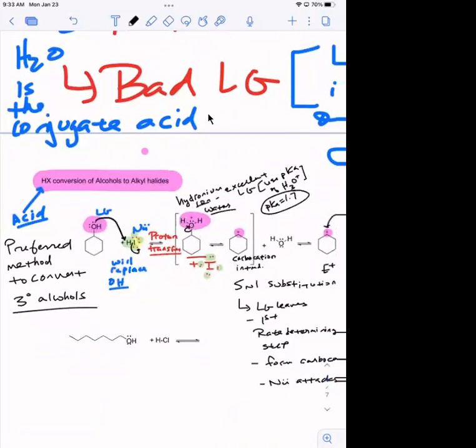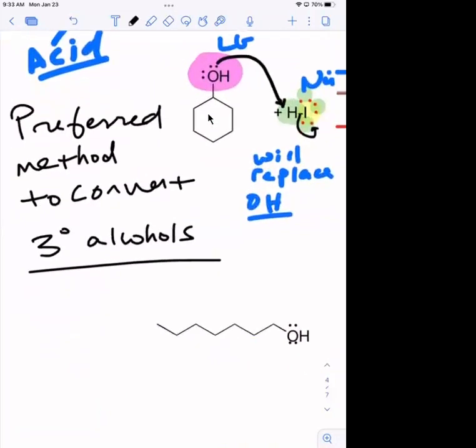Secondaries work. This is a secondary alcohol right here, but it's preferred for tertiary alcohol because it's SN1 and because it forms a carbocation, right? It's preferred for tertiary. Secondaries will work though.